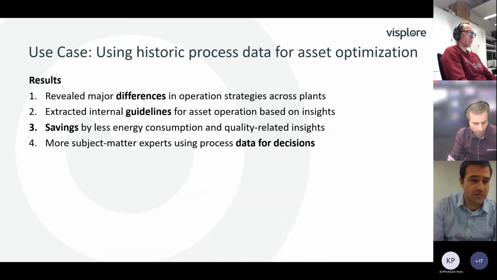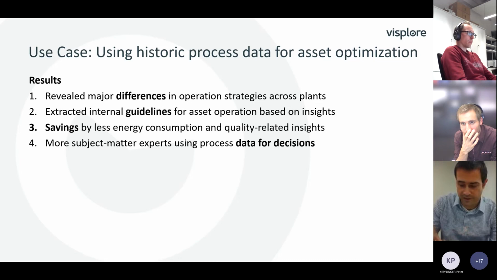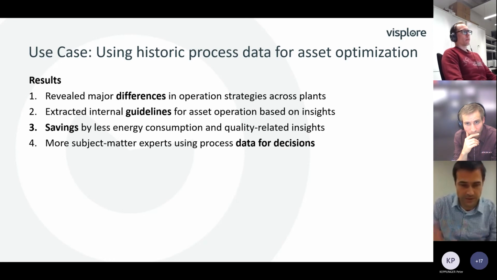So what's the result of this use case? What they learned for the first time, by really comparing the asset data from different plants in such a detailed way, is a lot about major differences in operation strategies, because the assets were actually identical.